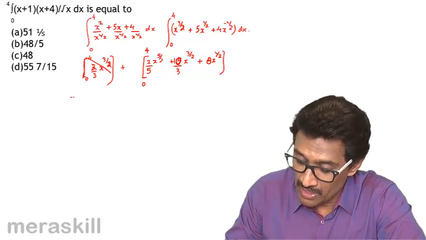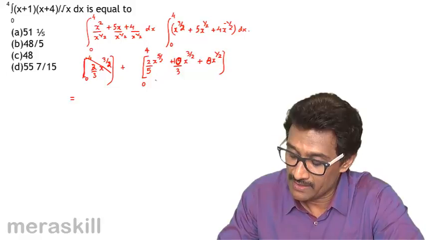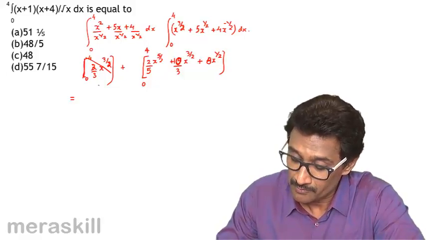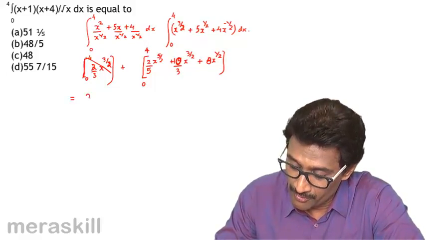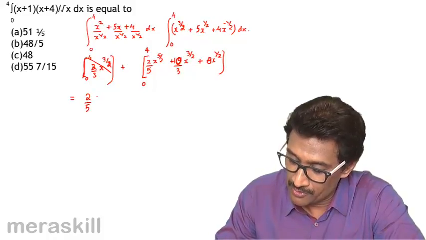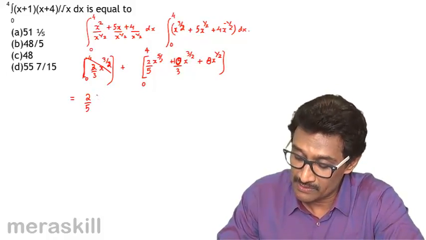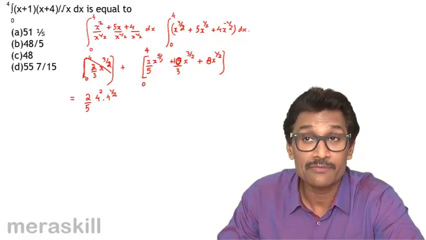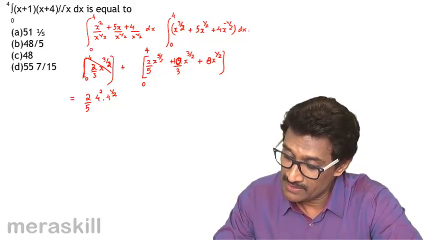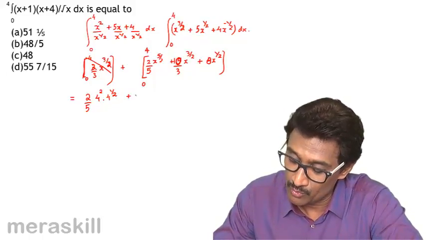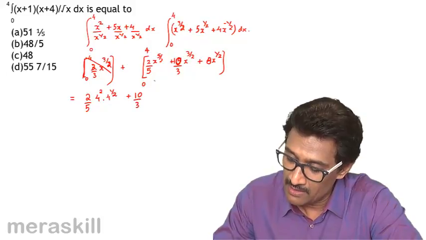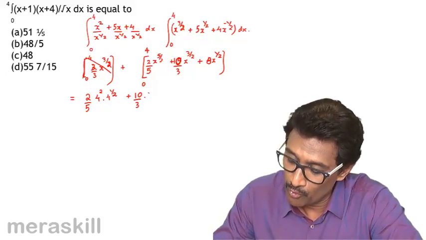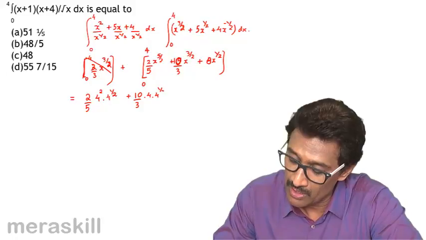In this range, it's going to be 2 by 5 into 4 raised to 5 by 2, which is nothing but 4 square into 4 raised to half. You have to remember that. Plus 10 by 3 into 4 raised to 3 by 2, which is 4 into 4 raised to half, plus 8 into 4 raised to half.